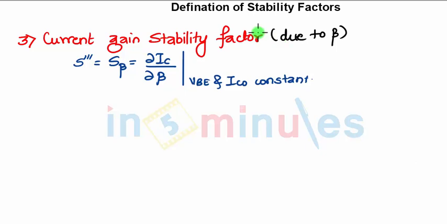Current gain stability factor is due to beta, right? So it is the change in IC with respect to change in beta, keeping VBE and ICO constant, right? So we have seen dependency of IC on beta, VBE and ICO, and this is the last. What is beta, and what is the definition?